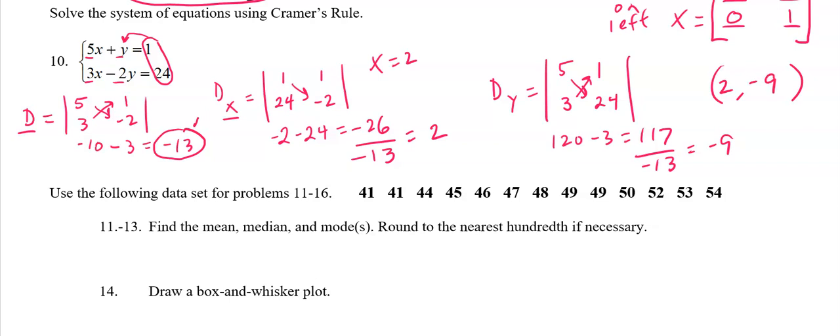Now, if you have time on your test, those of you who like to finish early and still have a few minutes left, you are welcome to use another method like elimination or substitution. Probably elimination would be easier in this case, but you're welcome to use either one and see if you get the same answer.